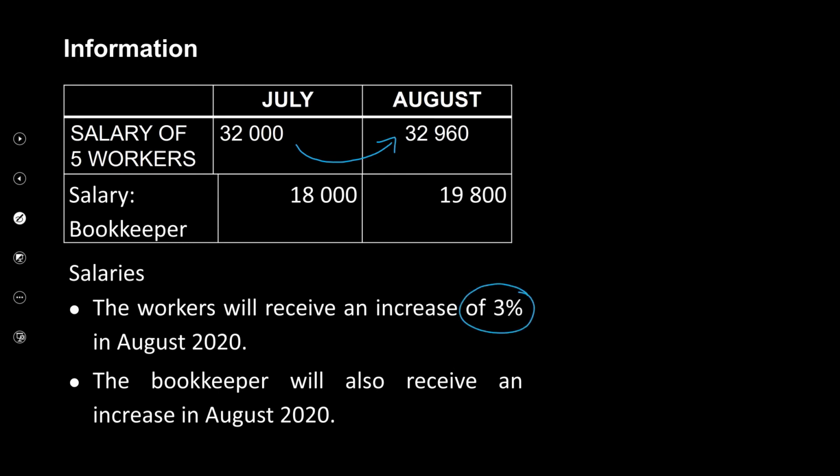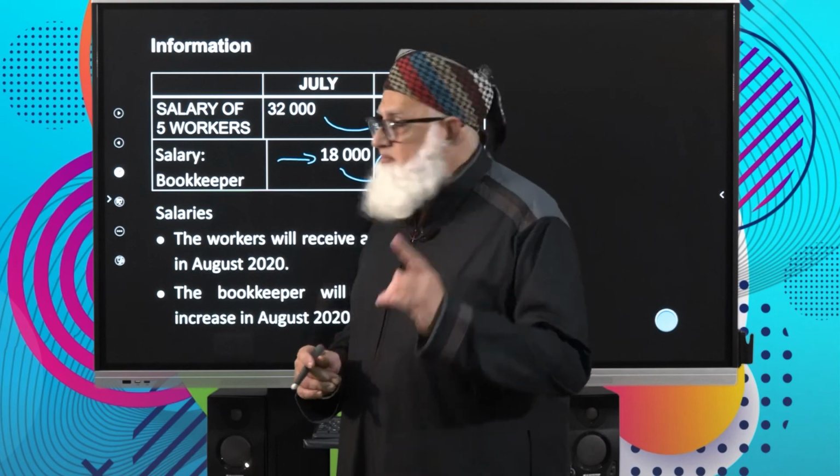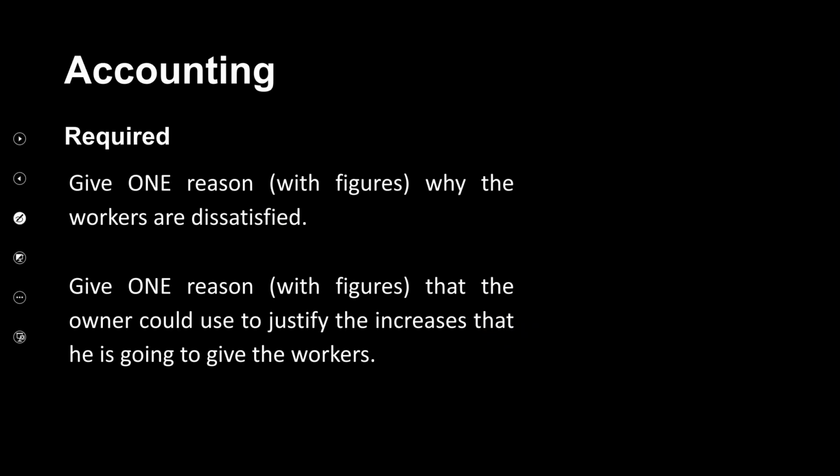All right. However, the bookkeeper also received an increase, and you can see, look at the bookkeeper. His previous salary was 18,000 and is now 19,800. Okay, clearly you can see that that is also an increase, and what is important is the following.